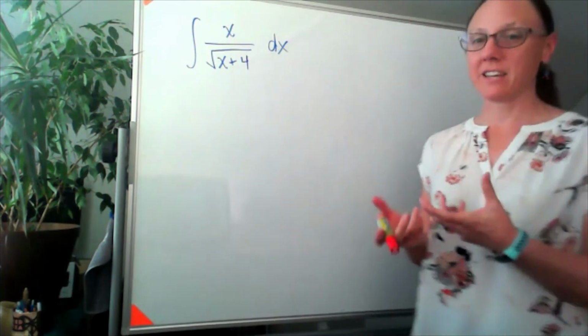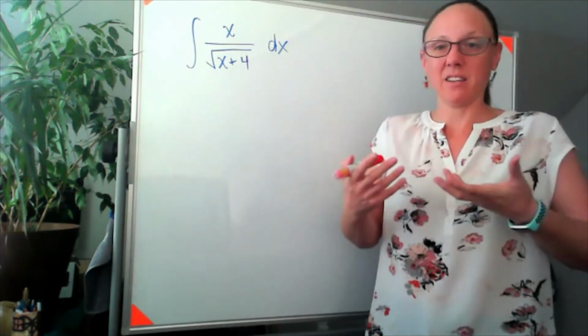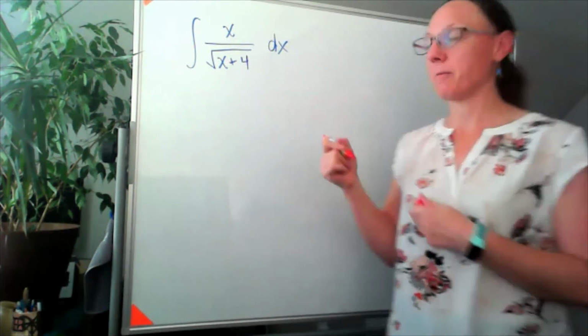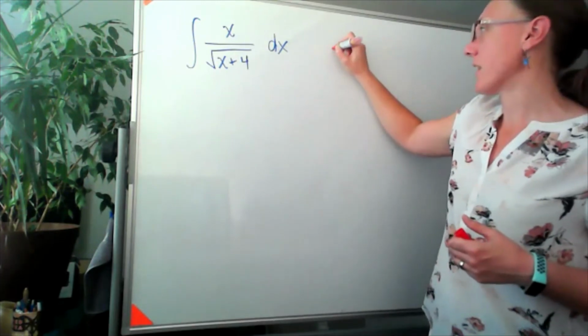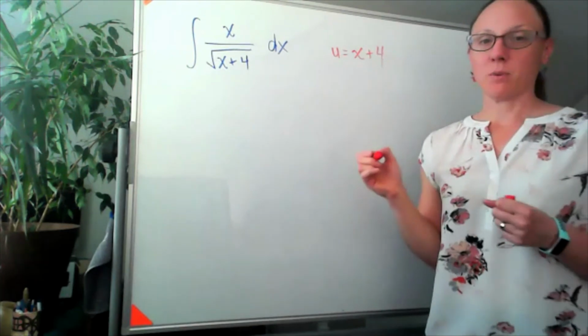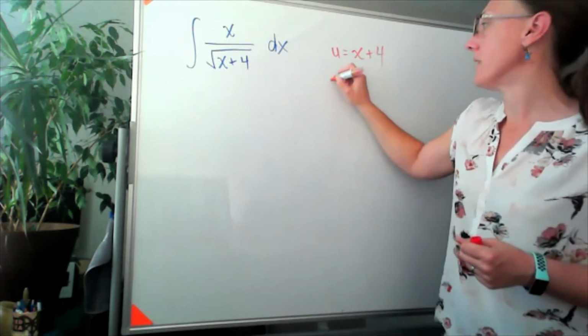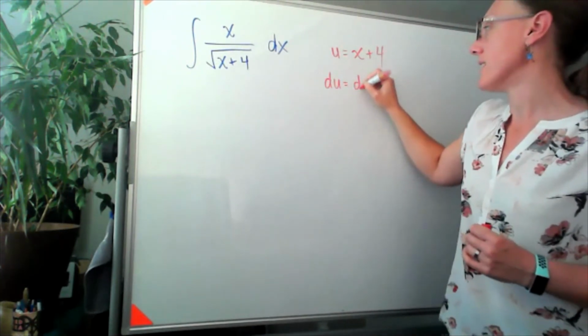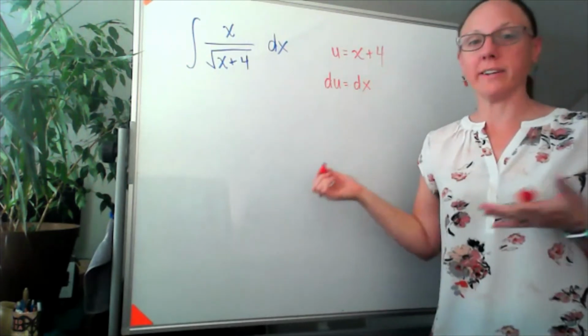So if I take the part of this that's the ugliest, meaning the square root part, if I were to let u be equal to x plus 4, then du is equal to dx, or 1 dx.